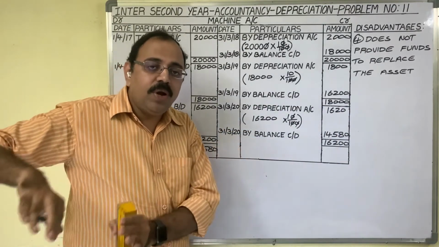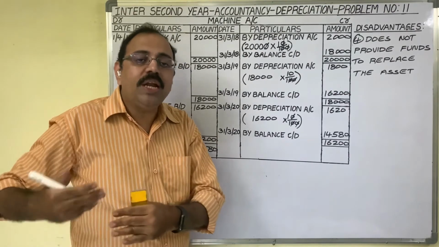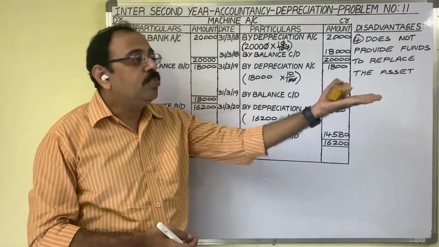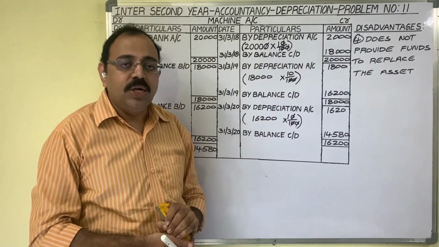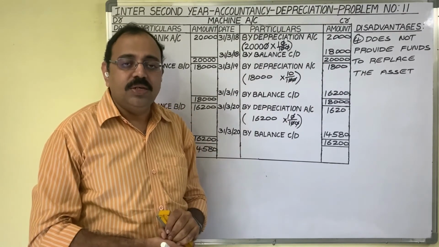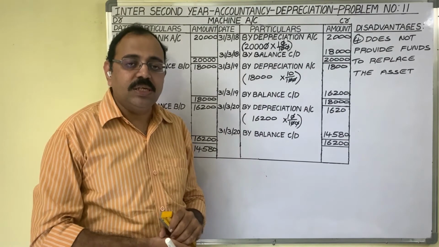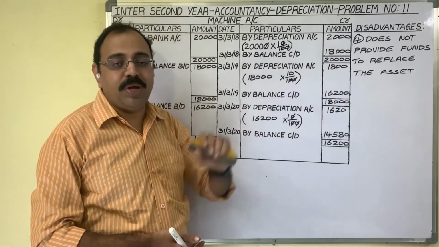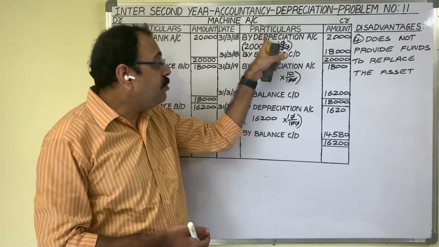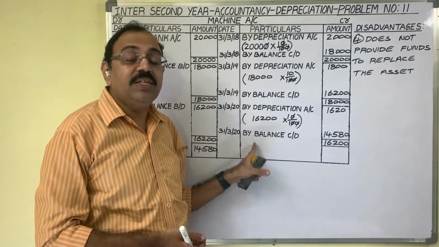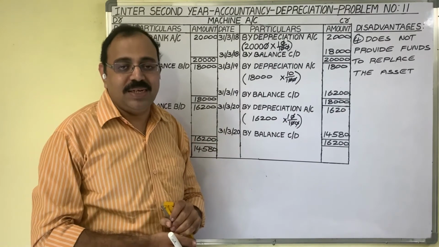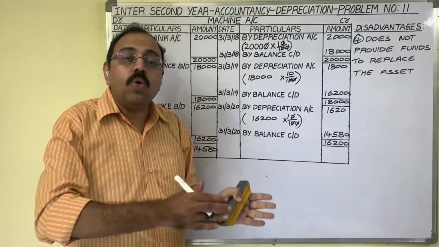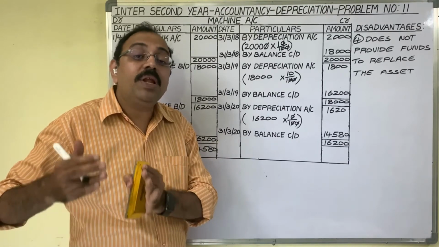We use that amount to meet day-to-day expenses, like to purchase raw materials, pay building rent, and for petrol expenses. When we use these depreciation amounts for day-to-day expenses, and the asset becomes damaged, it is very difficult to replace the asset, because there is no proper planning and no proper savings to replace it.